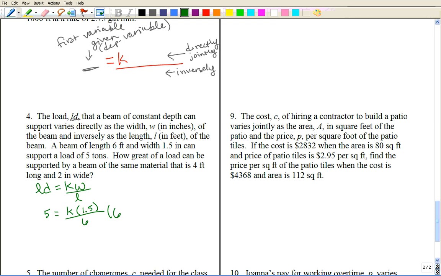So if I multiply both sides by 6, I'll get 30 equals K times 1.5. So if I divide both sides by 1.5, I get K equals 20. But that's not the final answer.